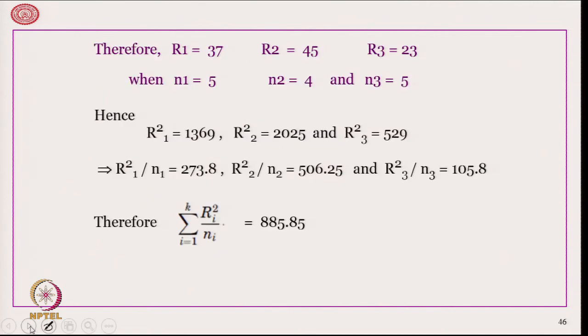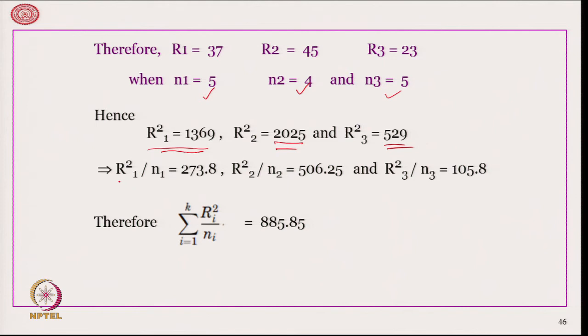Therefore, R1, the sum of ranks for the first set, is 37, R2 is 45 and R3 is 23, when N1 is equal to 5, N2 is equal to 4 and N3 is equal to 5. Therefore, R1 squared is 1369, R2 squared is 2025 and R3 squared is 529.